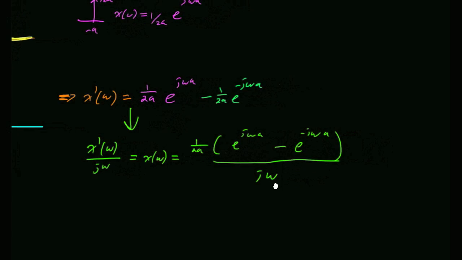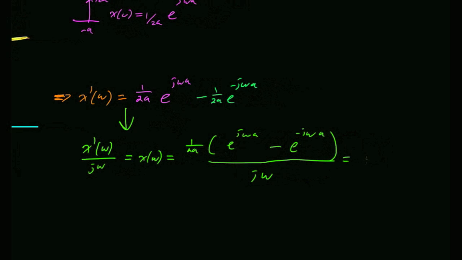The 2's cancel. The j's cancel. And what am I left with? Sine of a omega over a omega, which is the same answer that we got when we actually took the Fourier transform integral of the square pulse.